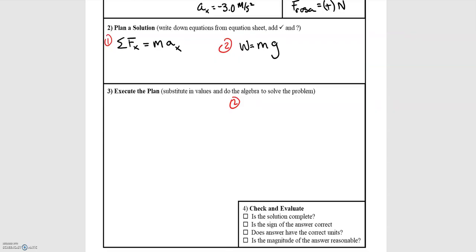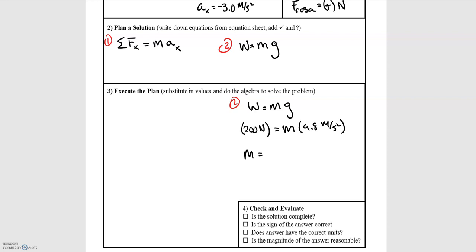And so now we can execute our plan. We're going to start by finding the mass of the box because we're going to need that when we use Newton's second law. So weight is equal to mass times the acceleration due to gravity. We know the weight is equal to 200 newtons, equals mass times 9.8 meters per second squared.